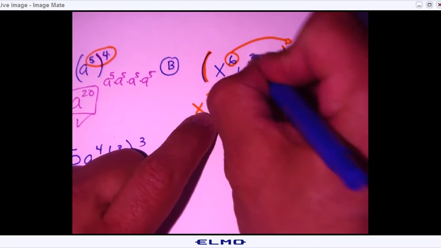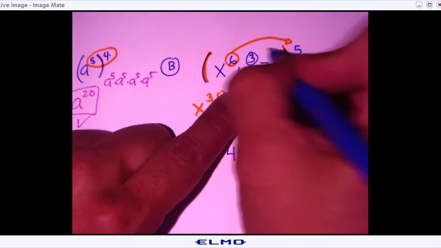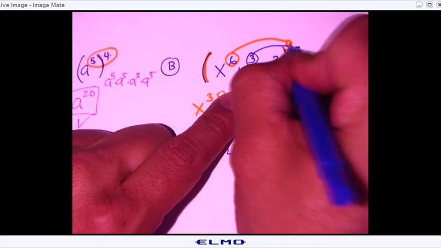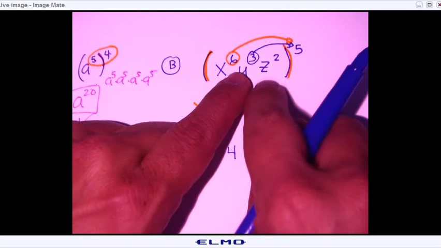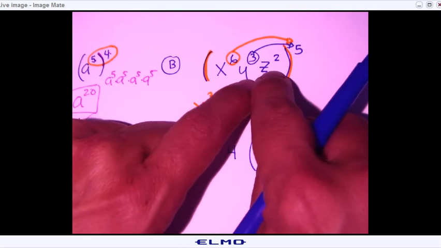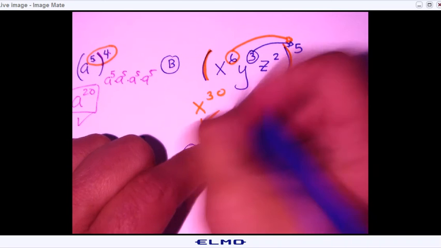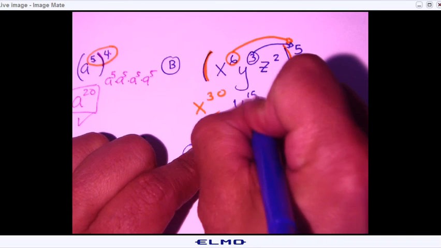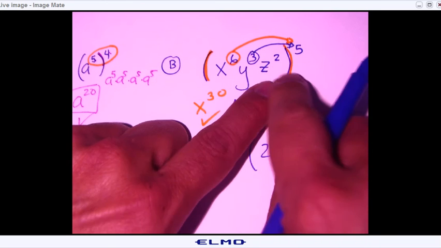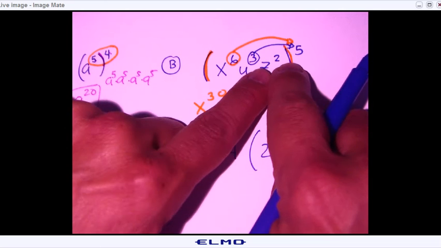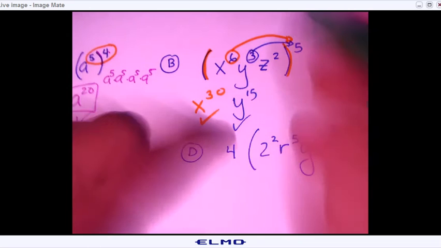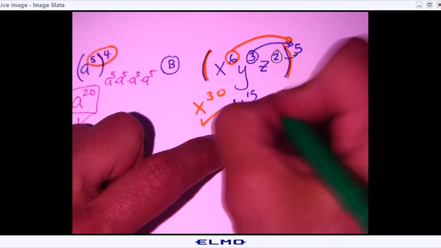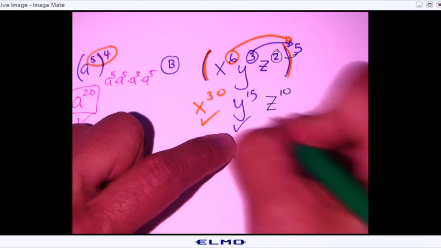This little piggy multiplied with 5, so 3 times 5 is 15. And this little piggy, z to the second, multiplied by 5, and you get z to the 10.